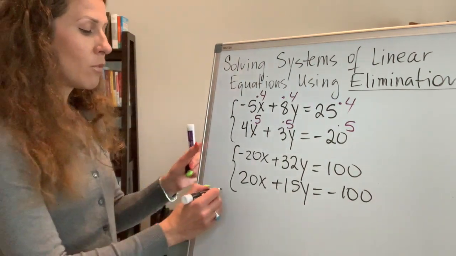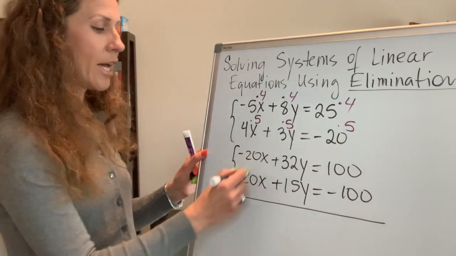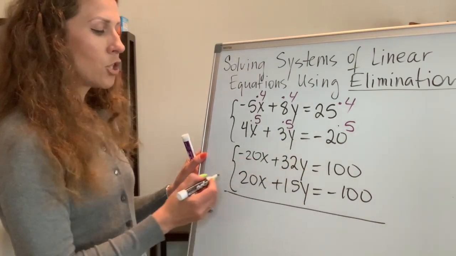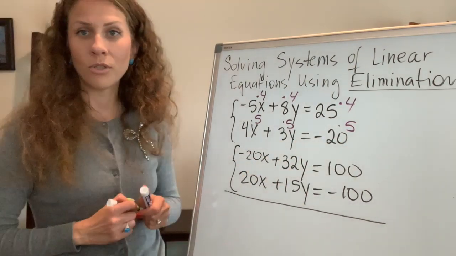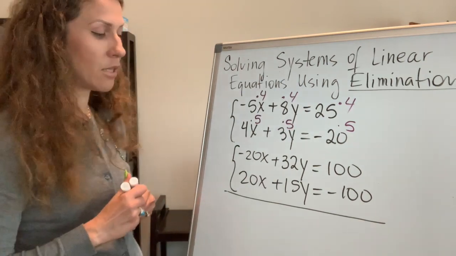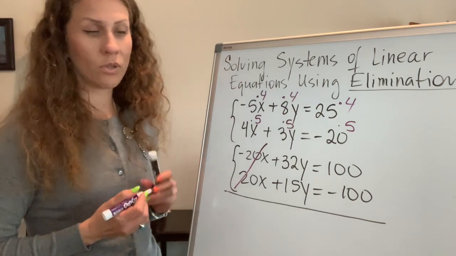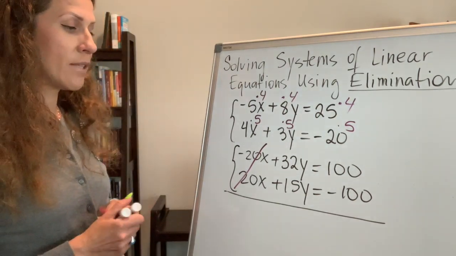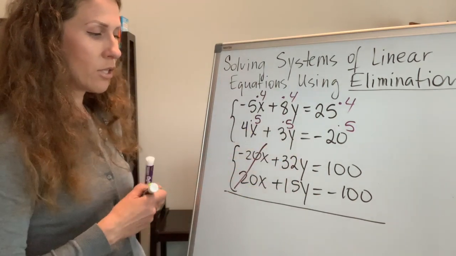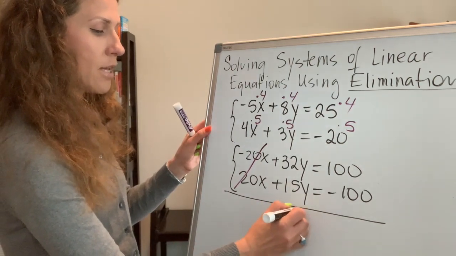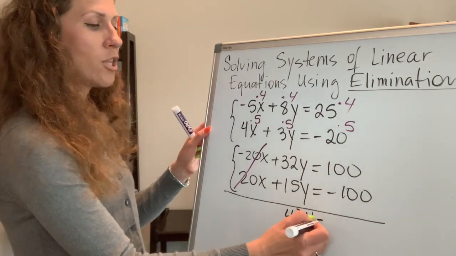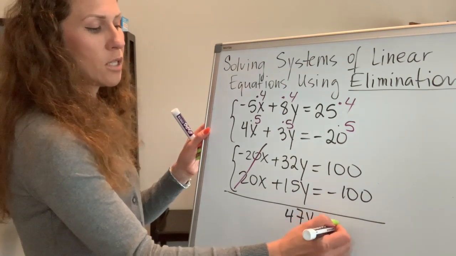At this point, I'm going to add my like terms vertically. So remember, the whole point of doing this is so that x's will eliminate. And they will. Negative 20 and 20 is 0, so this is gone. And then 32y plus 15y here is going to be 47y, and 100 and negative 100 is a 0.